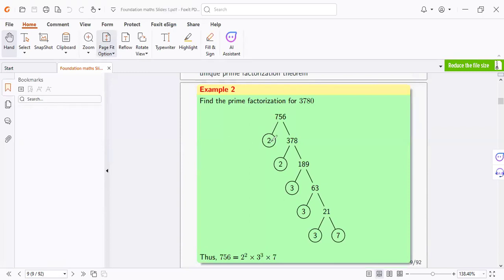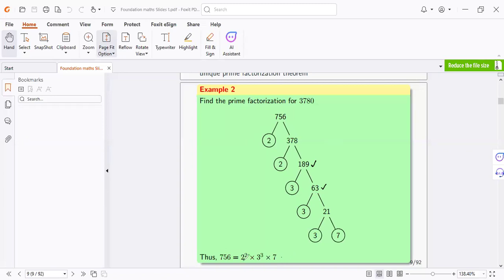Just to remind you what I did here, I asked myself how many times 2 goes here, and it went there 378 times. I'm only using prime numbers to do this. So I used 2 this number of times, and then 3, and 3 again, so I can say this number can be factored as a product of prime numbers.